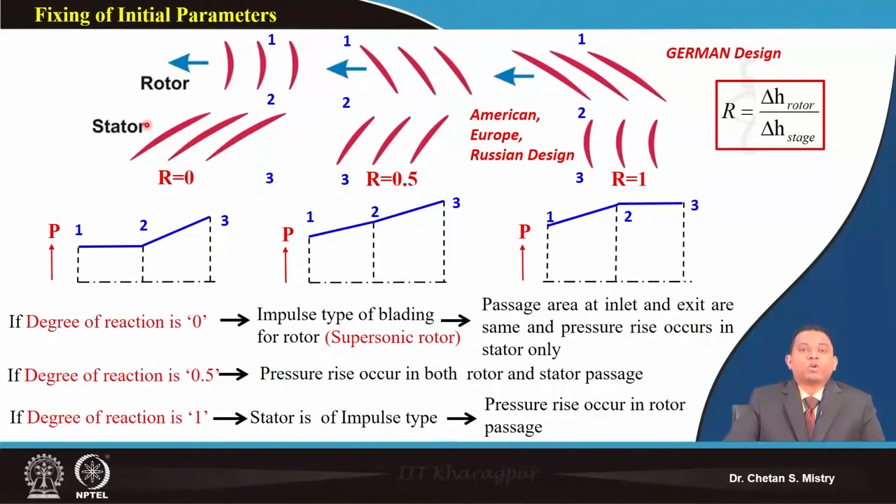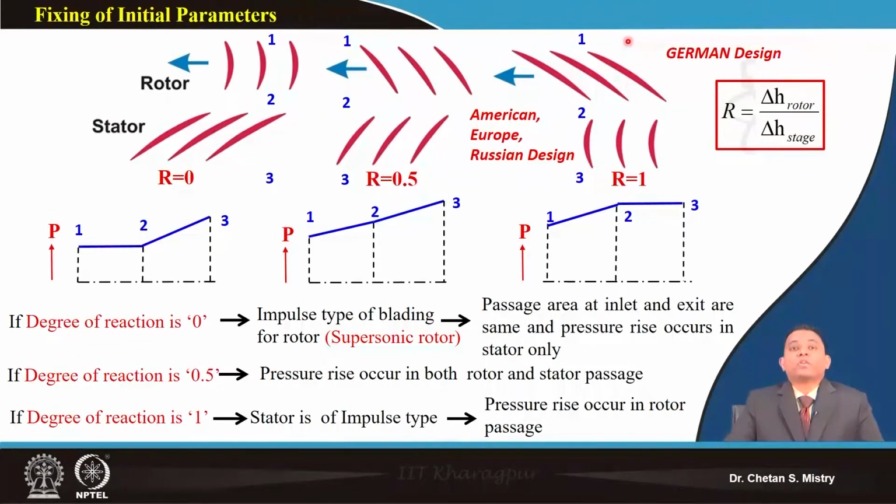We have discussed degree of reaction of 0, 50%, and 100%. When the degree of reaction is 0, the whole work is done in my stator, and the rotor is not doing any compression. When the degree of reaction is 50%, the diffusion work is divided between rotor and stator: 50% diffusion is done in my rotor and 50% in my stator.